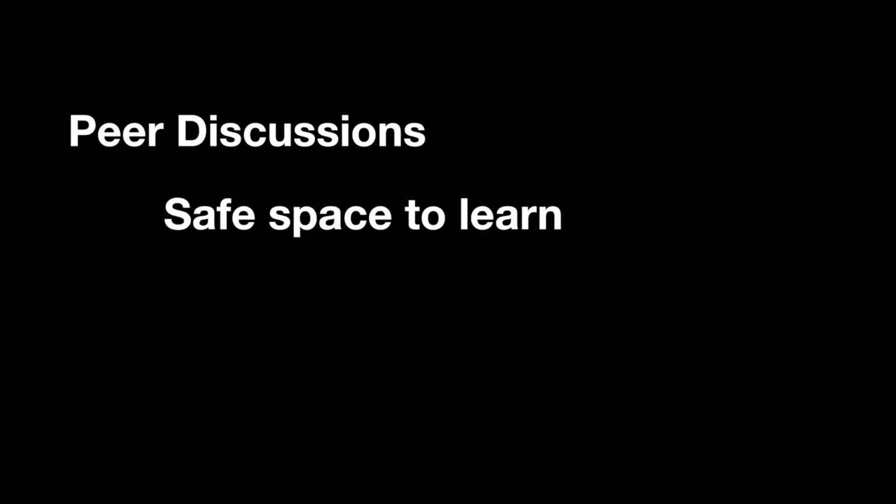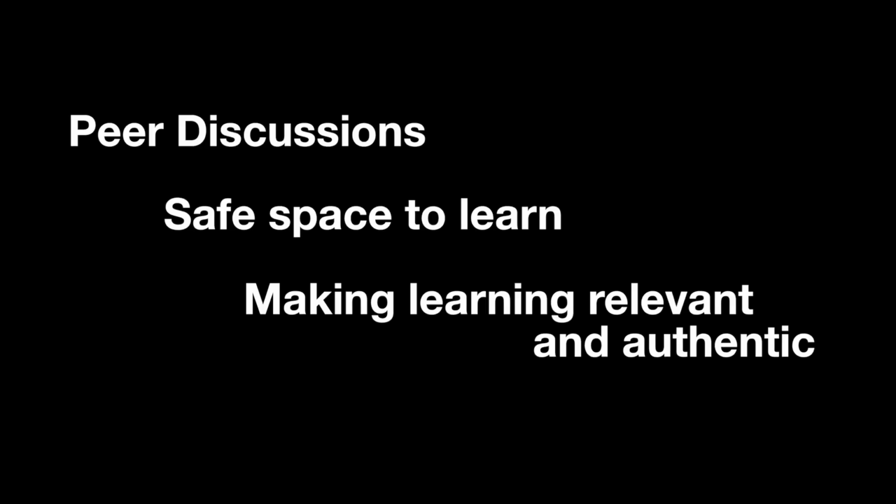Such learning is facilitated by an active classroom which imbibes the Clix pedagogic pillars of encouraging peer discussions, making the classroom a safe space to learn, and making learning relevant and authentic. All this is part of a blended approach which uses different technologies and hands-on activities and multiple representations to learn the same concept. You can assess the learning by observing your students' involvement, asking them questions, and looking at their written work.